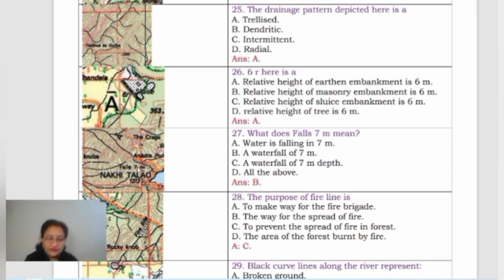It's written here falls, and the number is mentioned. Here it is 7M. Now what does this indicate? The first option is water is falling in 7 meter, B is a waterfall of 7 meter, C a waterfall of 7 meter depth, and D option is all the above. So the correct answer is B, a waterfall with a 7 meter height. B option is correct.